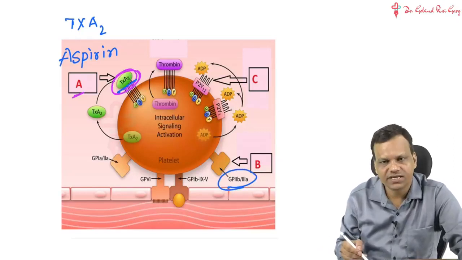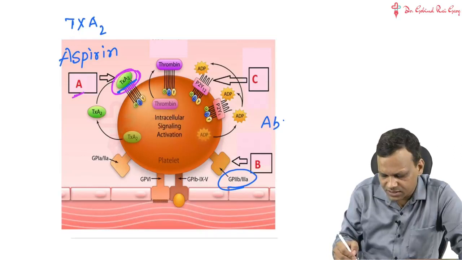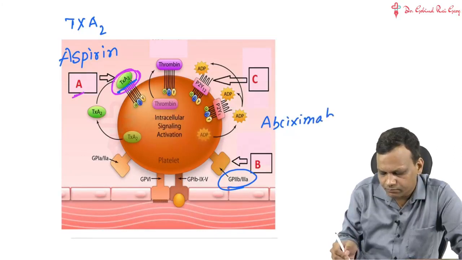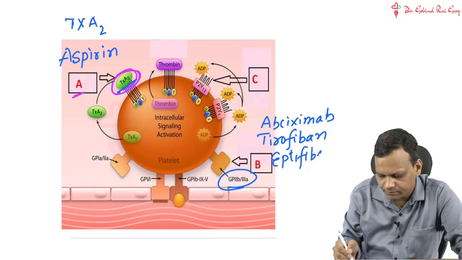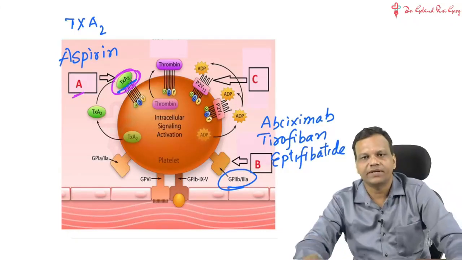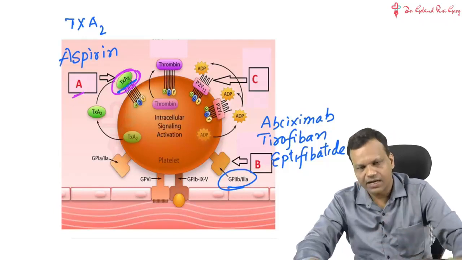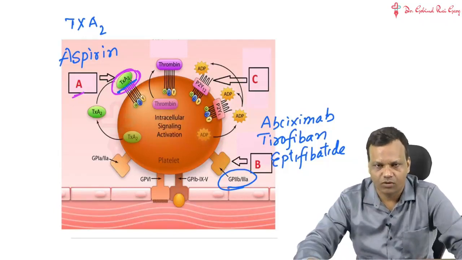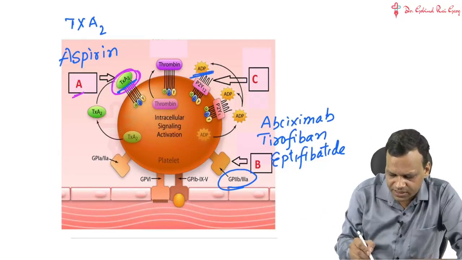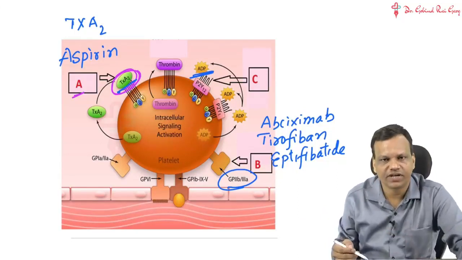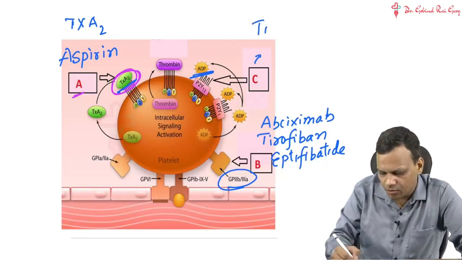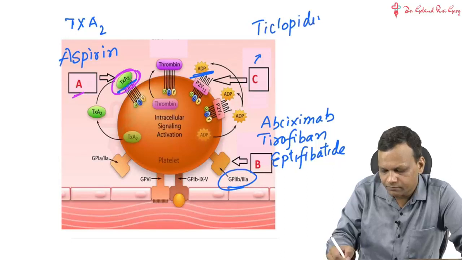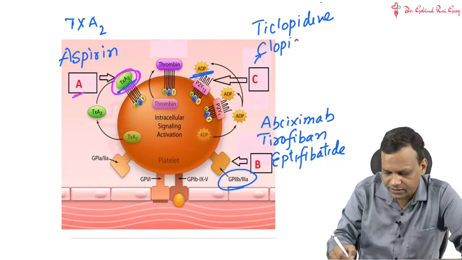The drugs like abciximab, tirofiban, and eptifibatide are GP2B3A antagonists. And lastly, which drug inhibits the receptor of ADP? P2Y12 is the receptor of ADP, and the drugs inhibiting ADP receptors are ticlopidine and clopidogrel like drugs.